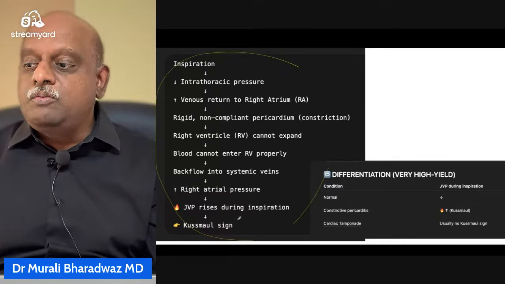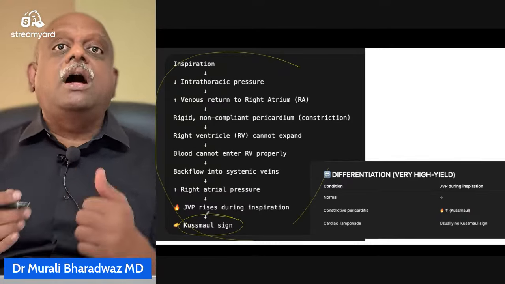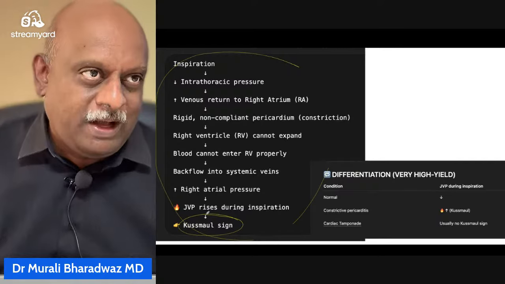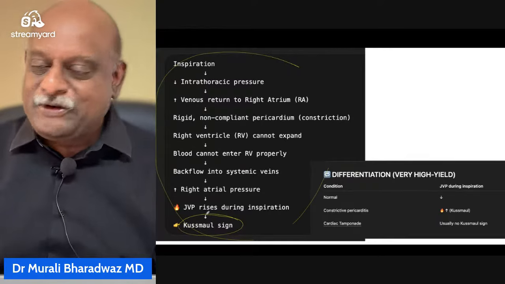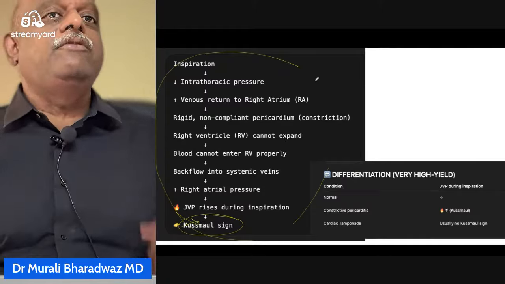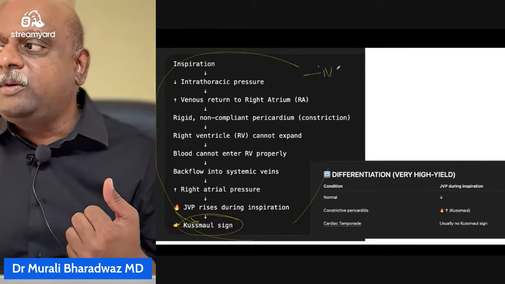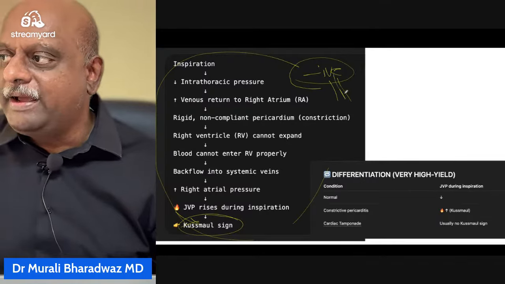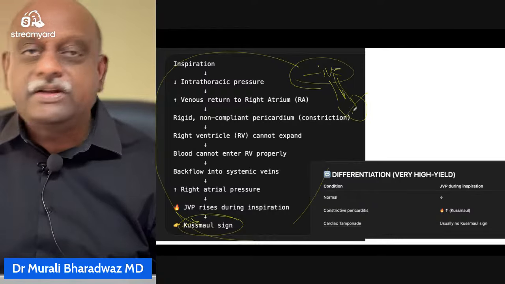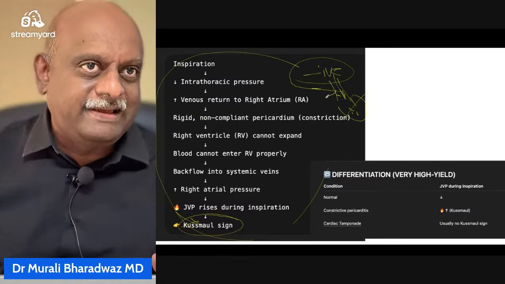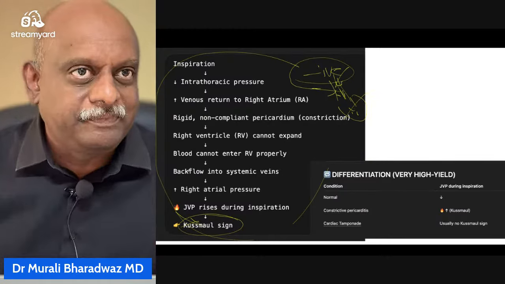So, Kussmaul sign is the hallmark of constrictive pericarditis. Let's talk about Kussmaul sign. Normally, when you are inspiring, there is a negative intrathoracic pressure, which will suck the blood in the great veins into the right side of the heart and make the great veins empty and collapse.